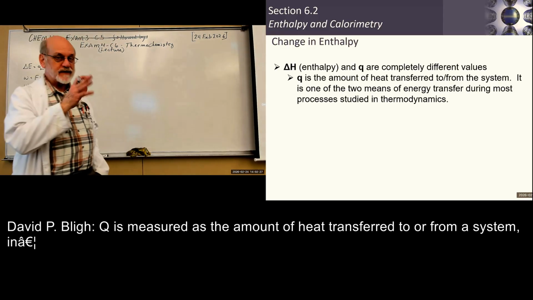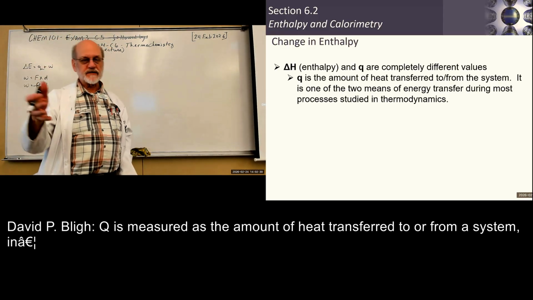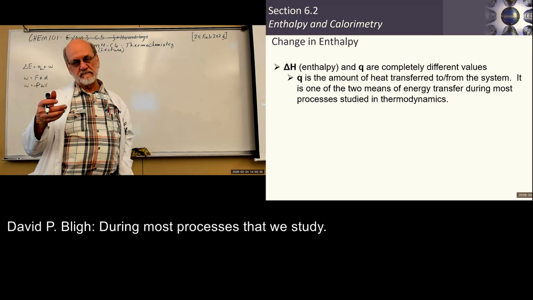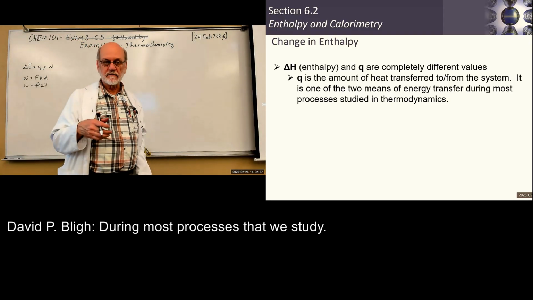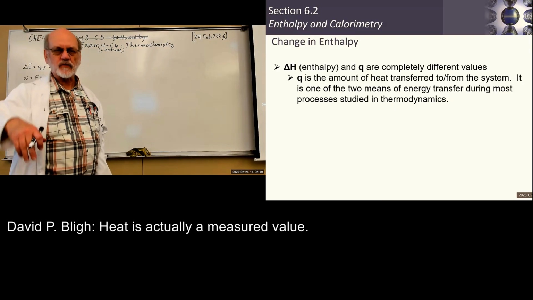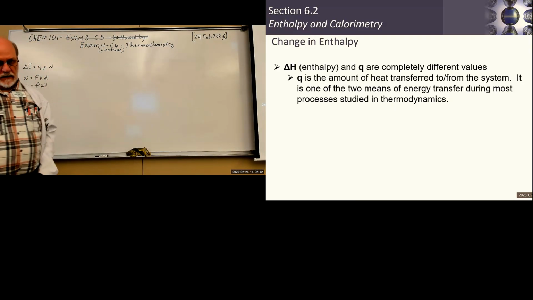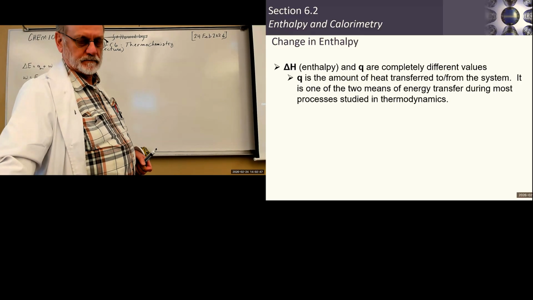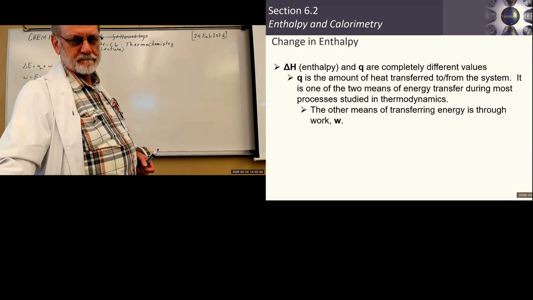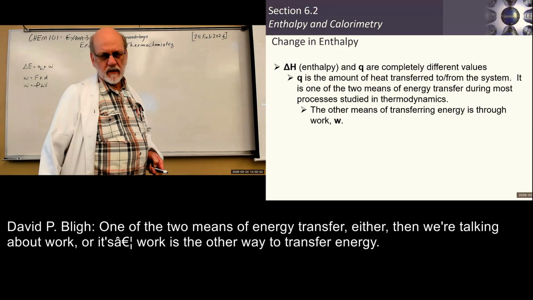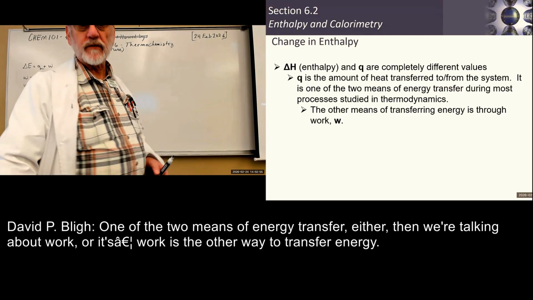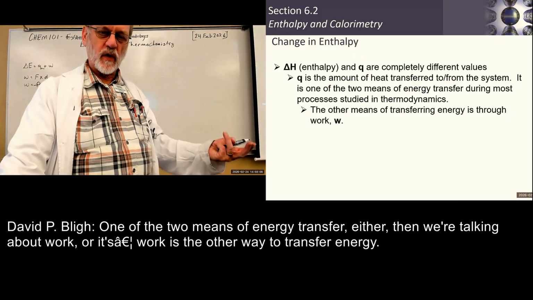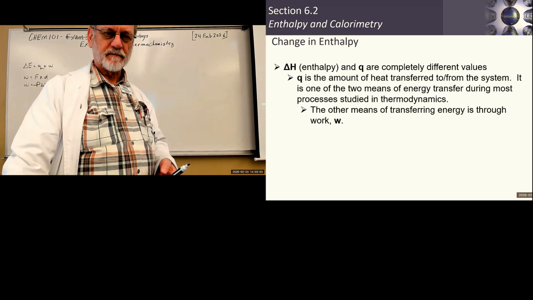Q is measured as the amount of heat transferred to or from a system during most processes that we study. Heat is actually a measured value of heat transfer. It's one of the two means of energy transfer; work is the other way to transfer energy.